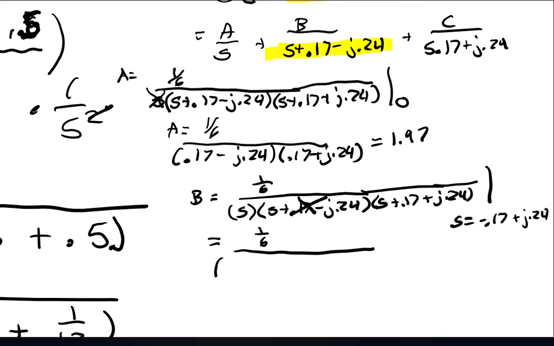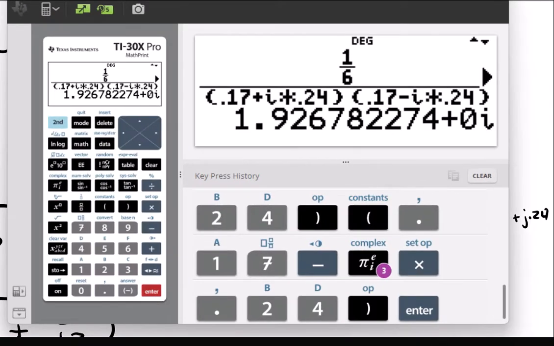So I have 1/6 over minus 0.17 plus J.24, and then I plug this in for S, so minus 0.17 plus J.24, plus 0.17 plus J.24. And you can see that the minus 0.17 and plus 0.17 cancel each other out, so that can save you a little bit of calculation.